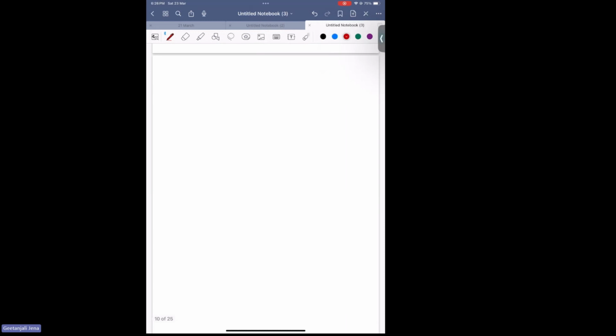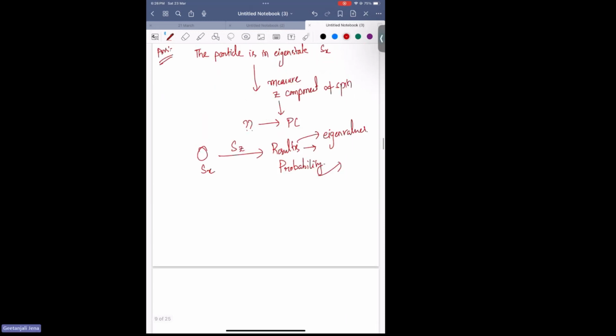So it was given it is in an eigenstate of Sx. The initial state of the particle is one of the eigenstates of Sx. In the first question we have seen the eigenstate of Sx is either 1 by root 2, (1, 1), or 1 by root 2, (1, -1).